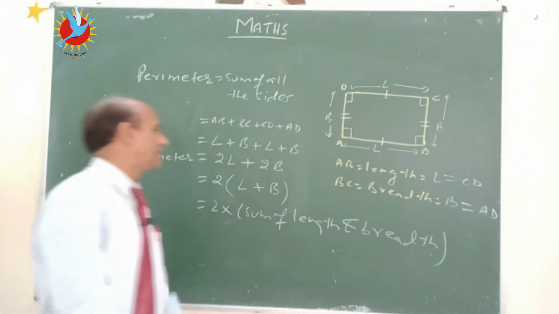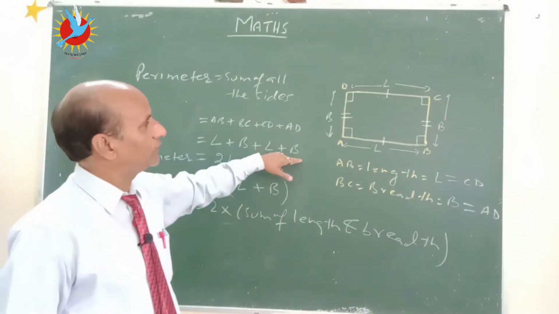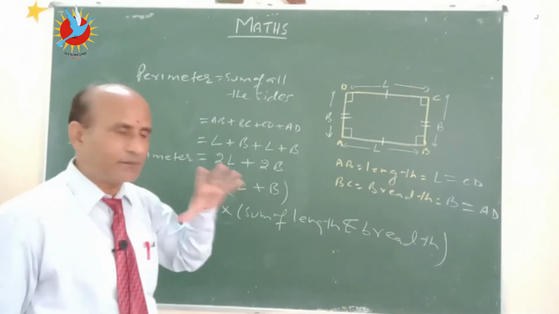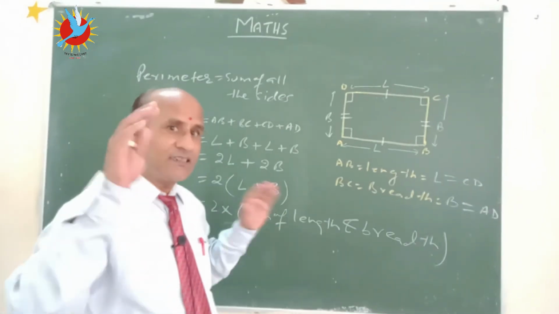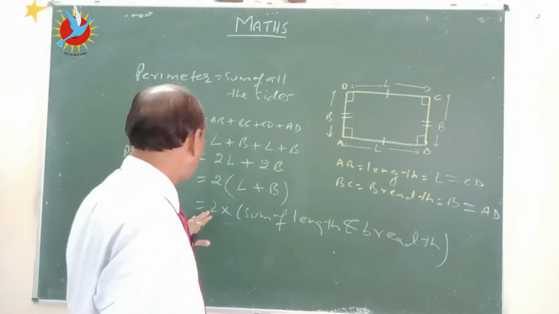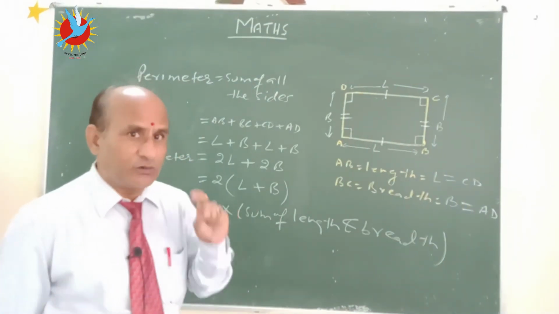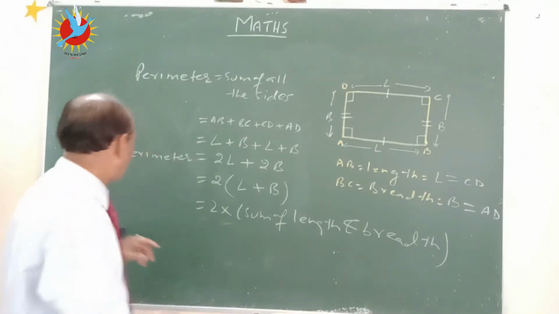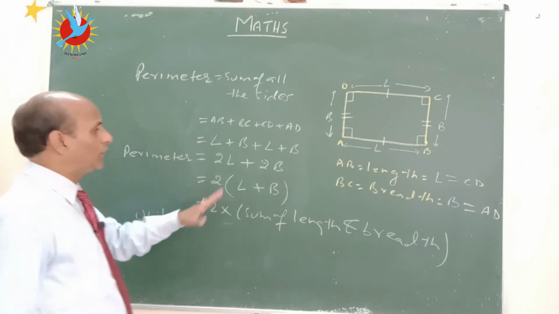If you are given the length and breadth, either you can use this formula and add all the lengths and breadths, or you can add length and breadth and then multiply the result by 2, and in this way you will get the perimeter. Now the unit of the perimeter is the same as the unit of length and breadth.